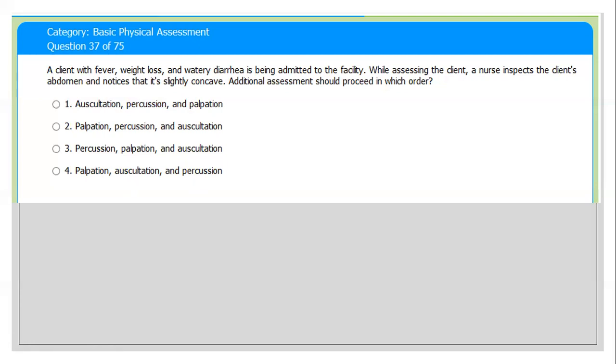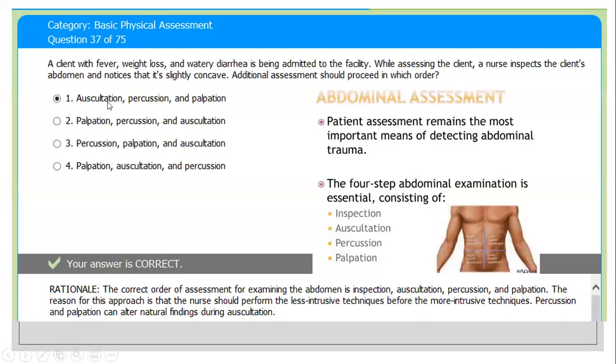As I told you, in physical assessment, particularly for the abdomen, palpation is last. So which one has palpation last? Only number one, right? The answer is auscultate, percuss, and palpate.